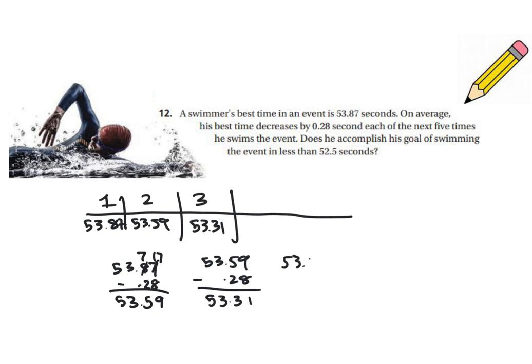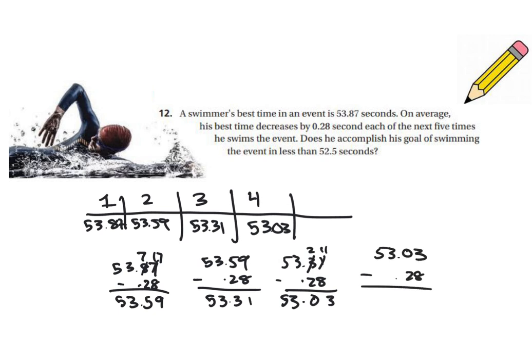Now 53.31 minus 0.28 to find the time of his fourth race. That's going to be 53.03. And then 53.03 minus 0.28.